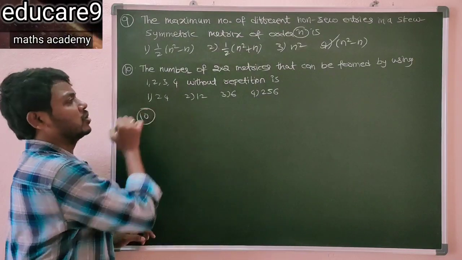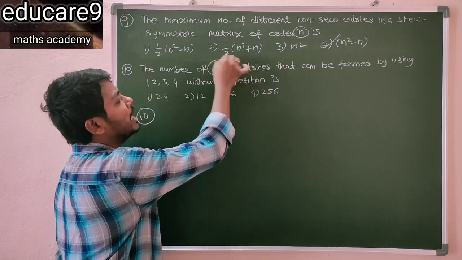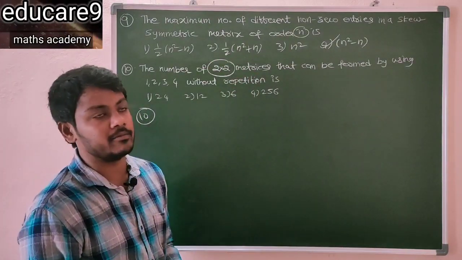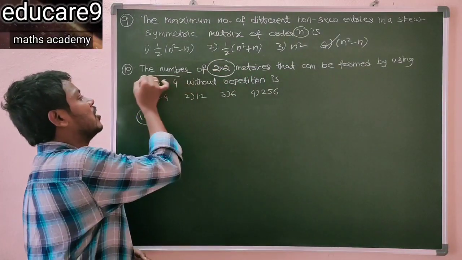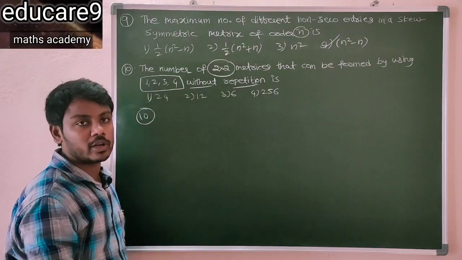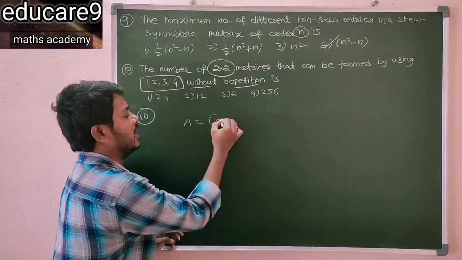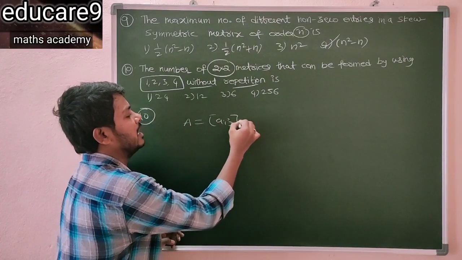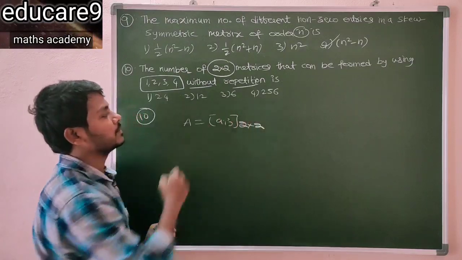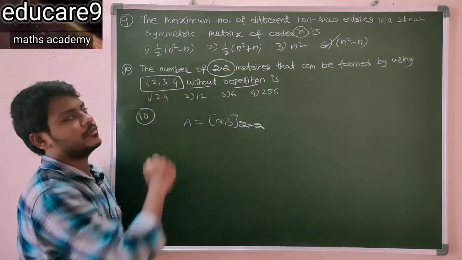And see the 10th solution. Here, the number of 2 by 2 matrices that can be formed using the digits 1 2 3 4, repetition not allowed, means without repetition. Here let A is equal to Aij. This is any 2 by 2 matrix. Here the given digits are 1 2 3 4.